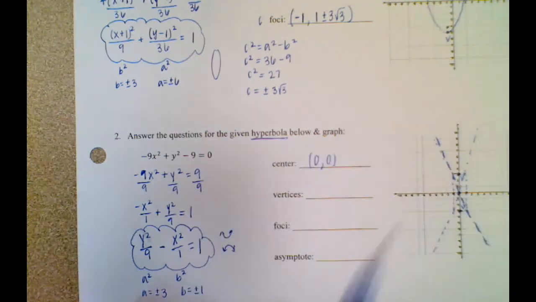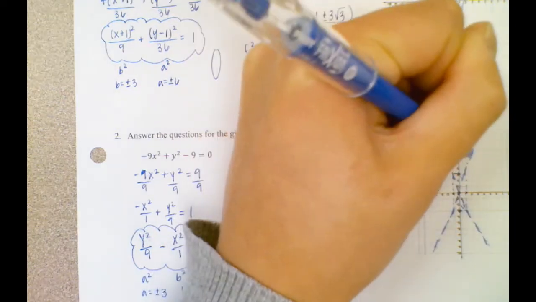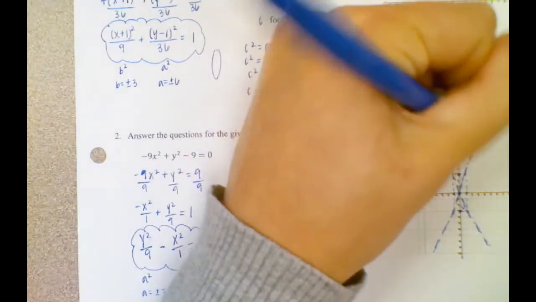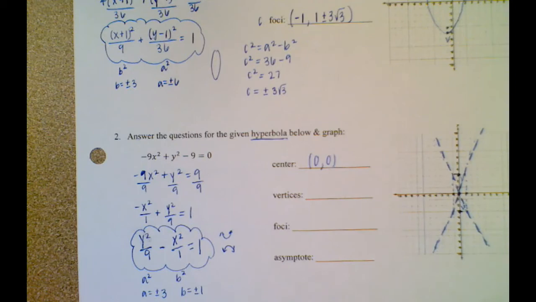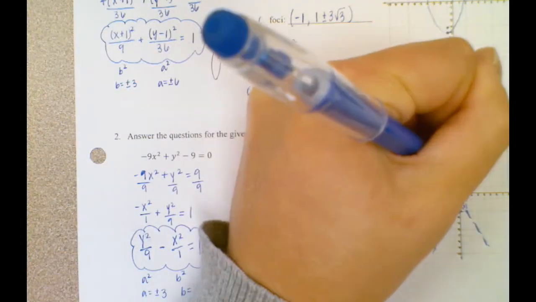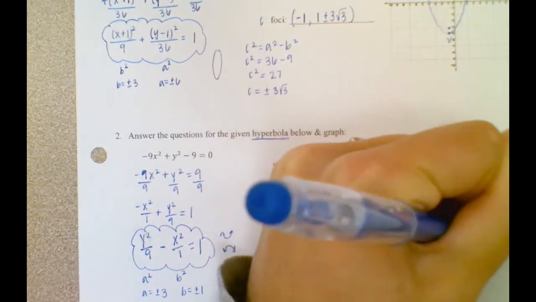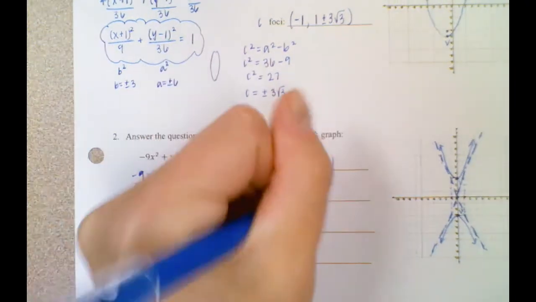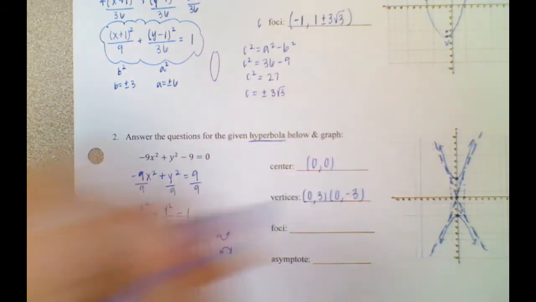There we go. Sorry, guys. Alright. So, let's see. Oh, that helps us draw this part, right? Okay. And then, so our vertices, those were at 0, 3, and 0, negative 3.